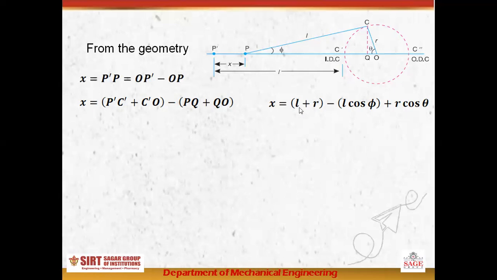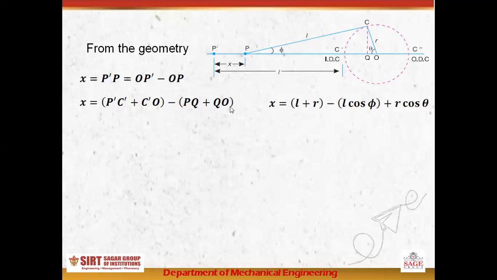Here you can see that P dash C dash is L, the length of the connecting rod when the piston is at point P dash, and C dash O is R, the length of the crank, that is the crank radius. So here it is L plus R.